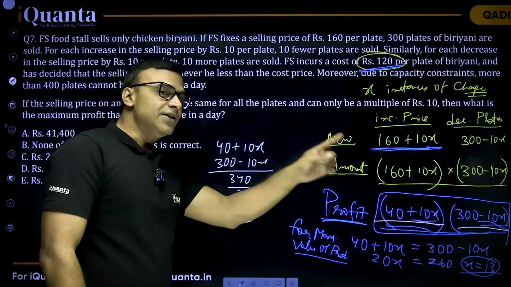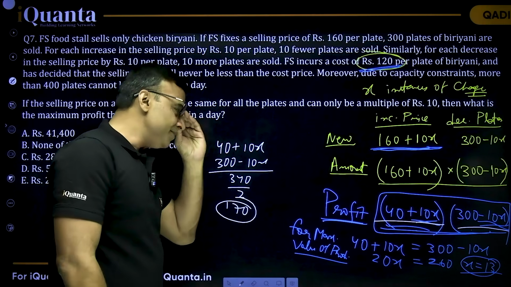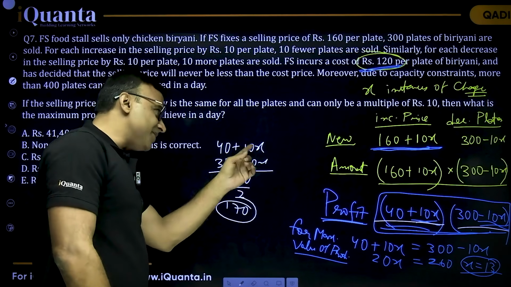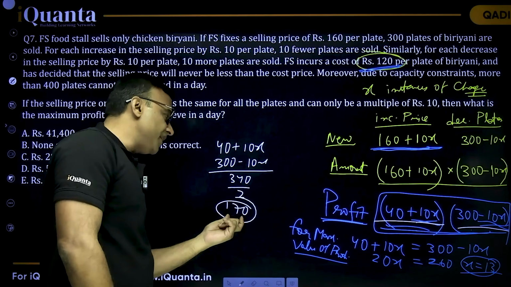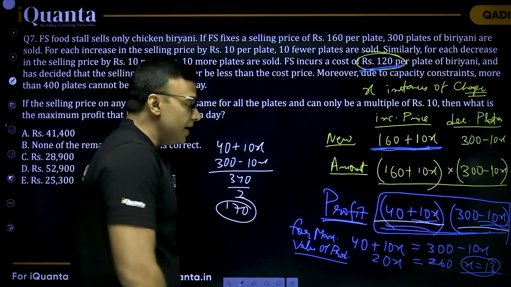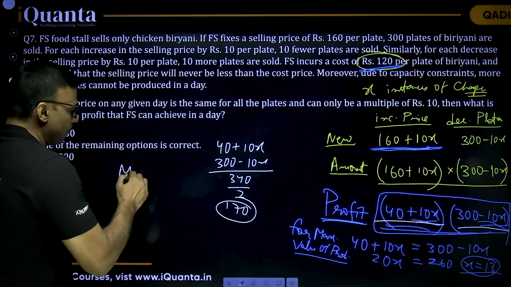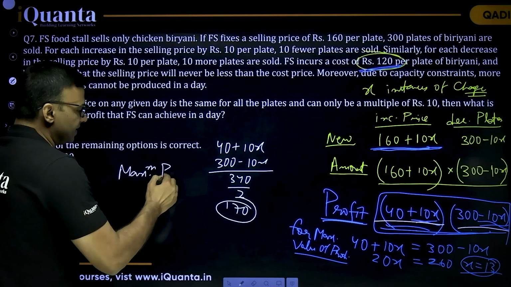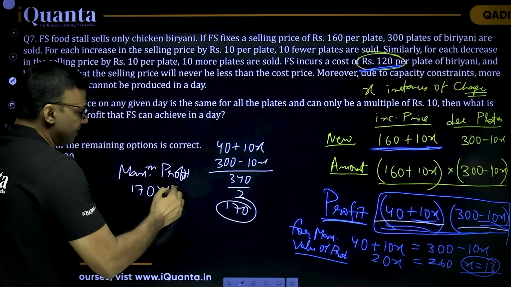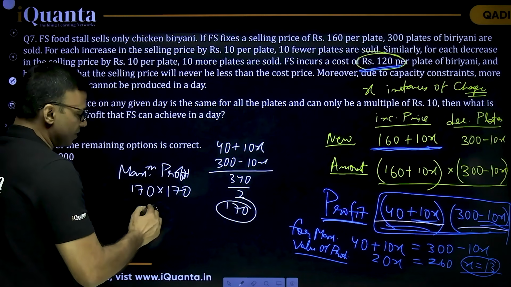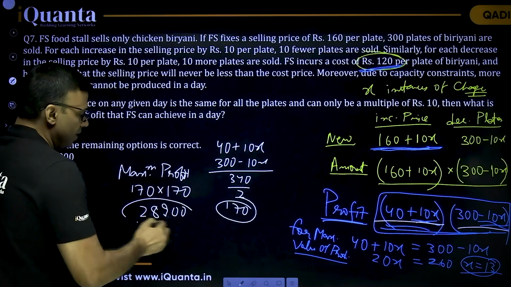We have already checked that the coefficient of x is same and opposite in sign. So the variable part will get cancelled, you get a constant, divide into two equal parts, 170, 170. So the maximum profit is simply equal to 170 into 170, and that is 17 square is 289, so 28,900.